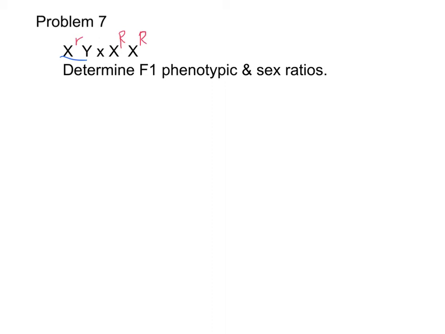We'd set up our Punnett square the exact same way as we would the other examples, except we include the chromosome designation. And it's typically shown as a superscript.